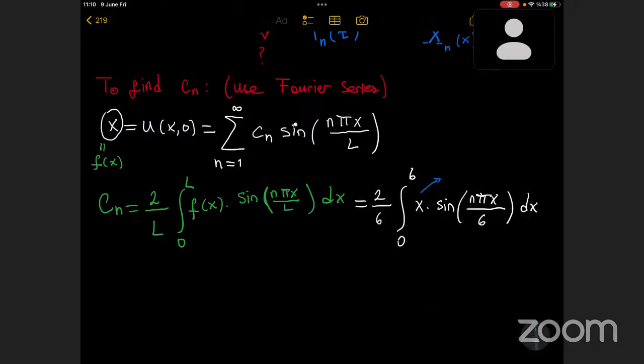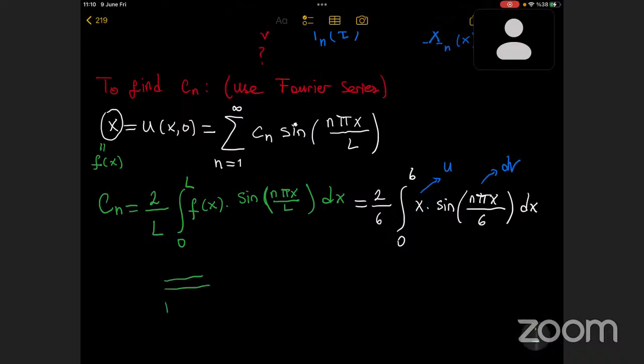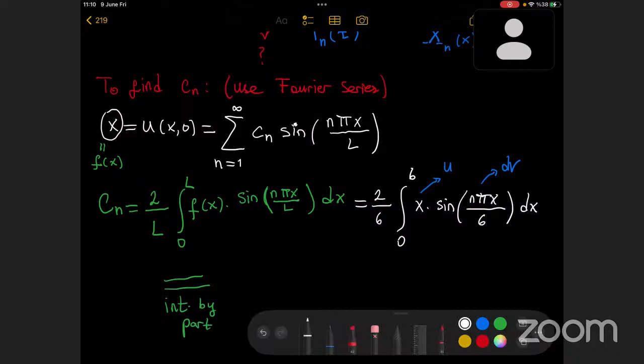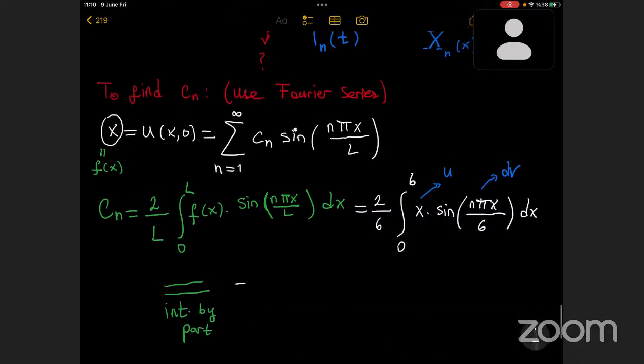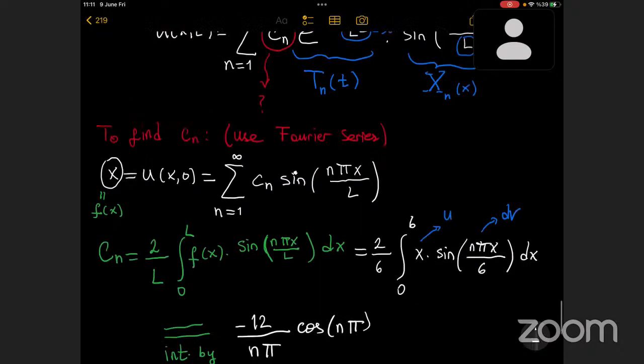You can say this is u and this is dv. So it's an integration by parts, and using integration by parts, it's basically the following: minus 12 over n pi cosine n pi. Okay, so we get this at the end. So we find the coefficients, we know the series. That's it. Any question with this example?